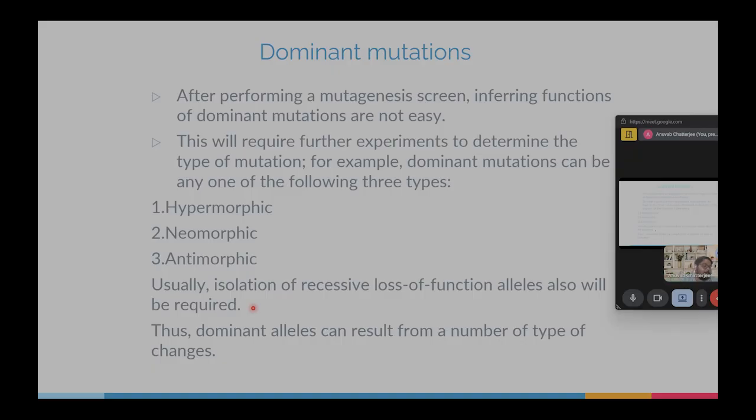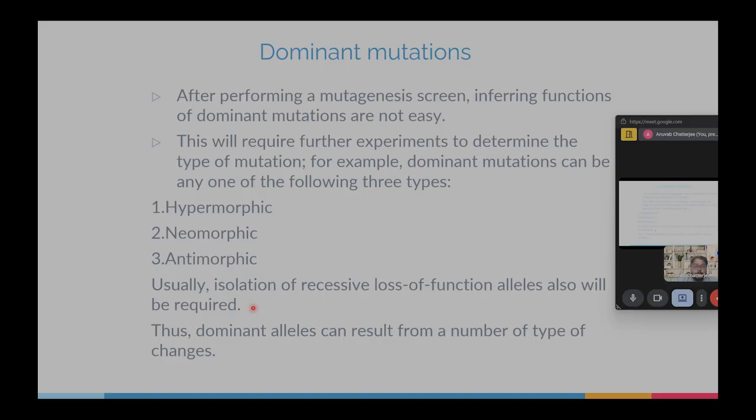But once there is a dominant mutation in the tau gene, it has a neomorphic mutation. That is, it has a new function in which it starts to aggregate and form plaques that cause a lot of trouble for the neurons and ultimately result in the mental illness. So that is a neomorphic mutation.